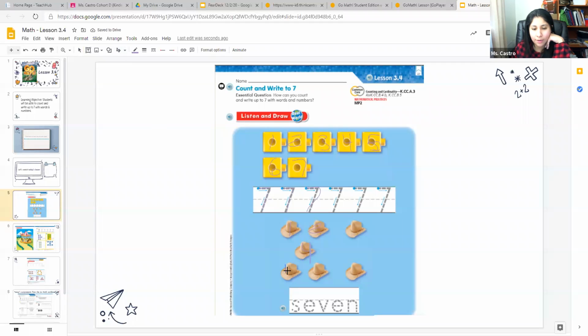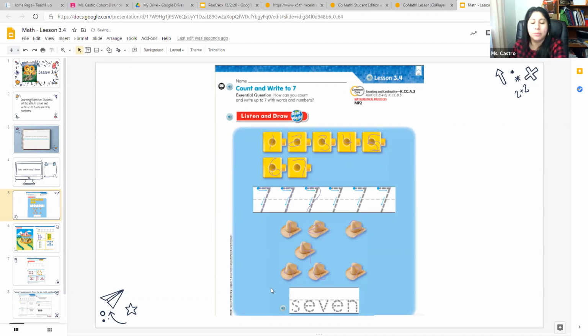Next we have 5 hats. Then we have 6 hats, and last but not least, 7. And I just realized the number 3 disappeared on me, so let me go back and fix that. I don't know why it keeps going away. There we go.